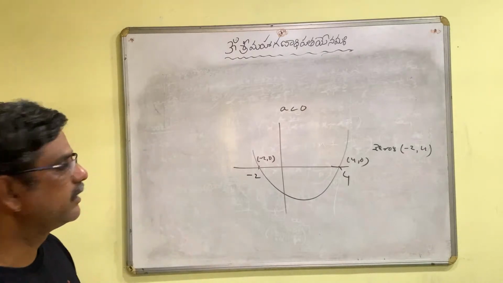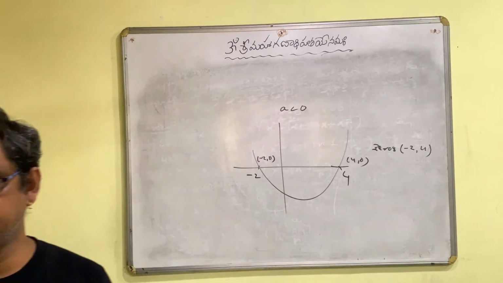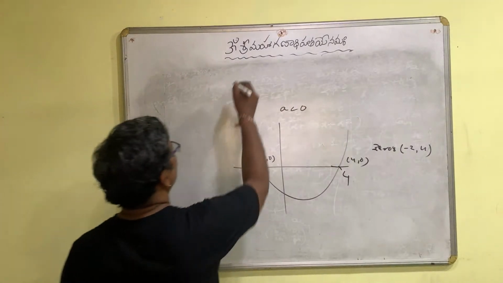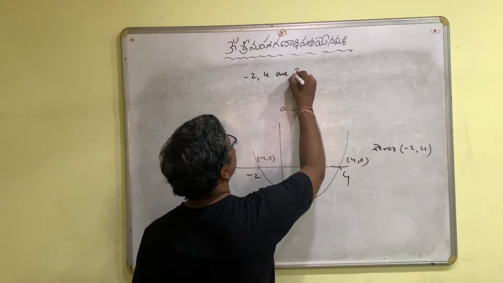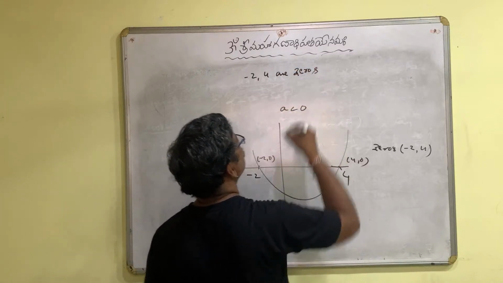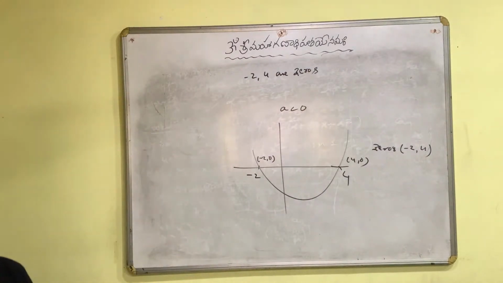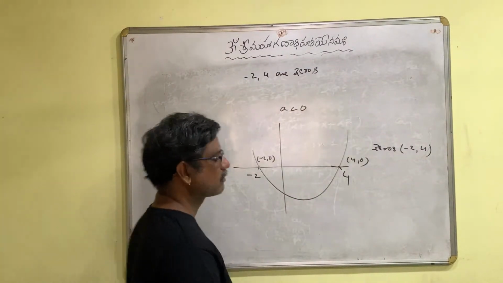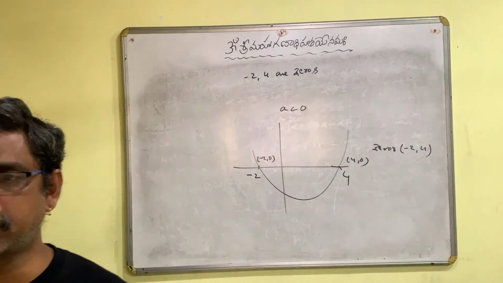Children, if we know the zeros, I think we can find out the polynomial. Is that right? -2 and 4 are zeros. Then what is the polynomial?